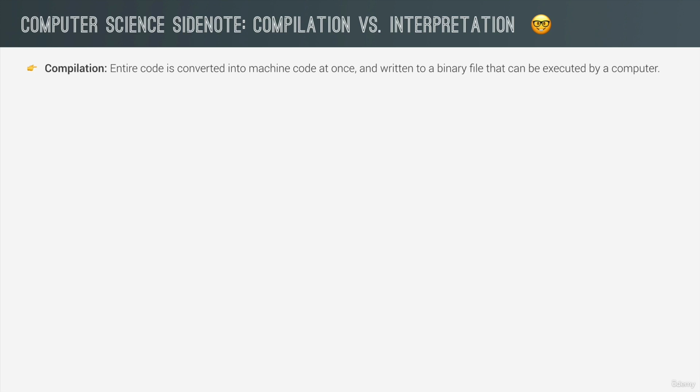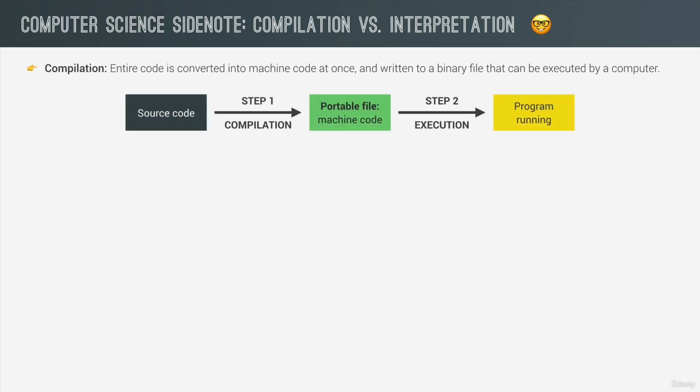And this machine code is then written into a portable file that can be executed on any computer. So we have two different steps here. First, the machine code is built, and then it is executed in the CPU, so in the processor. And the execution can happen way after the compilation, of course. For example, any application that you're using on your computer right now has been compiled before, and you are now executing it way after its compilation.